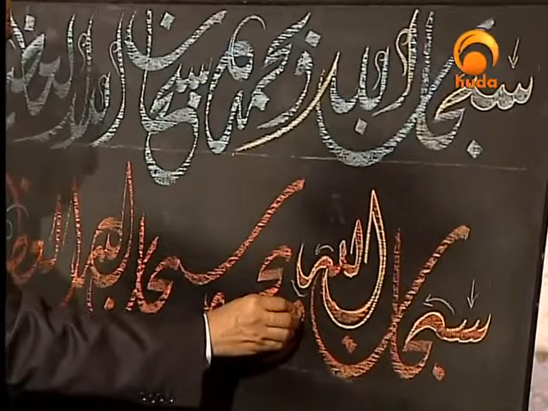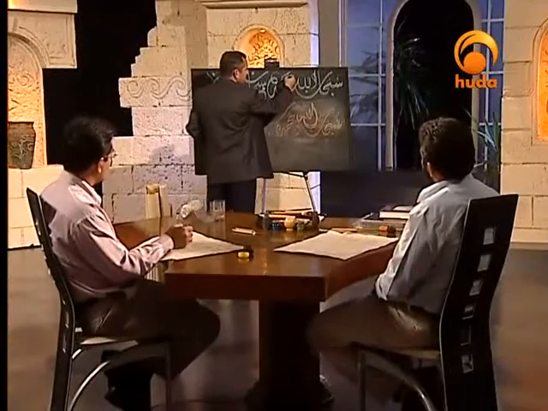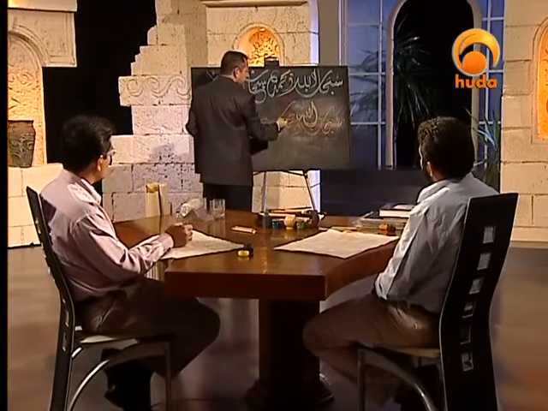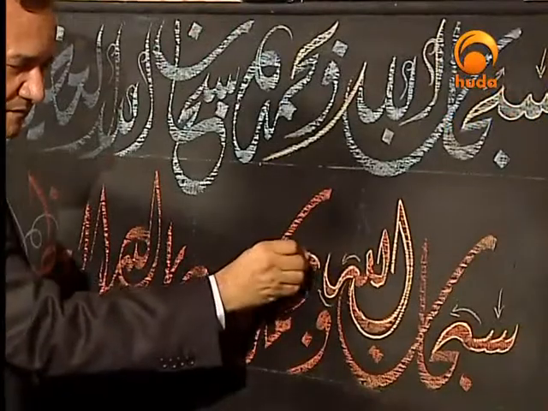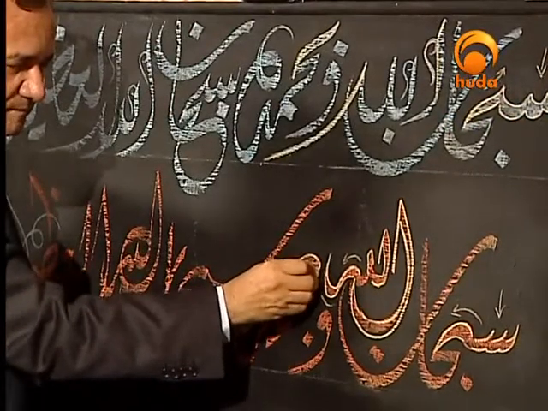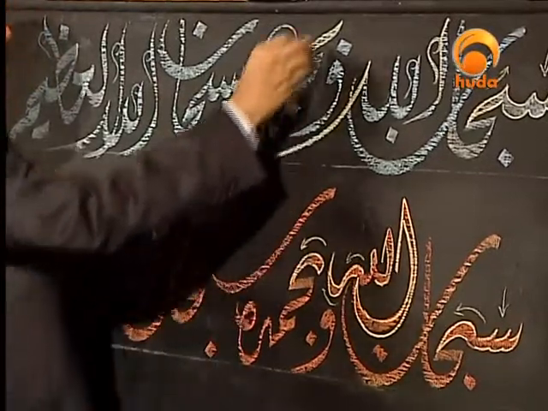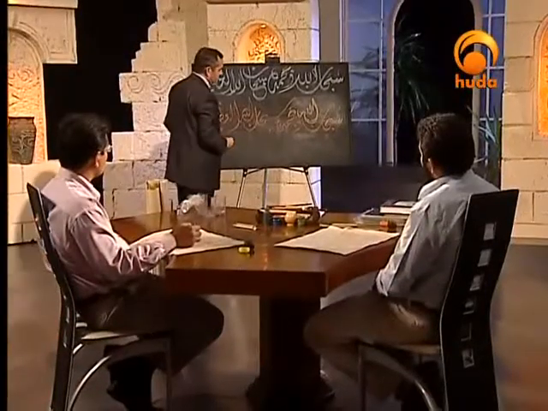Almost the same in both styles. The same curve here of ba going with the edge, but this one the curve comes down. You see the curve comes here and this one goes in this shape.